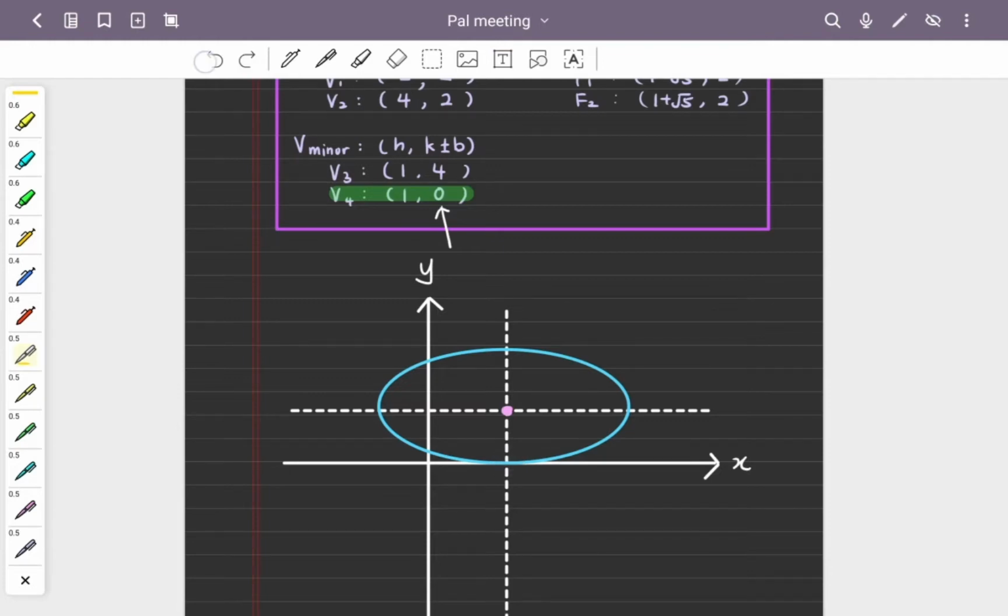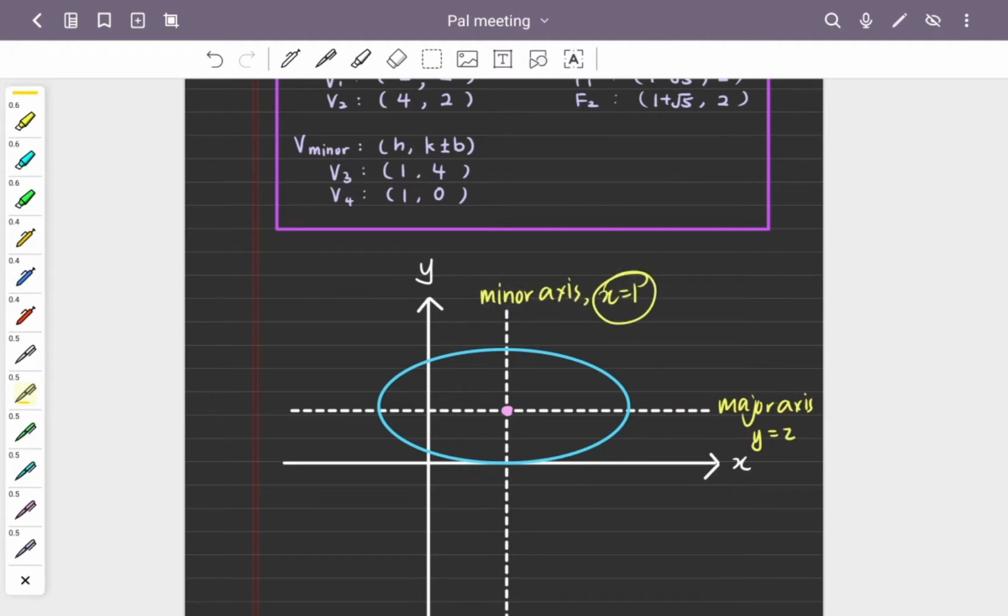So your ellipse, when you sketch, should touch the x-axis at one point, which is at V4. So this is about the logic. Same thing, we can label here. The longer one is the major axis, and if you want, you can write y equals 2, and then here the minor axis, x equals 1.